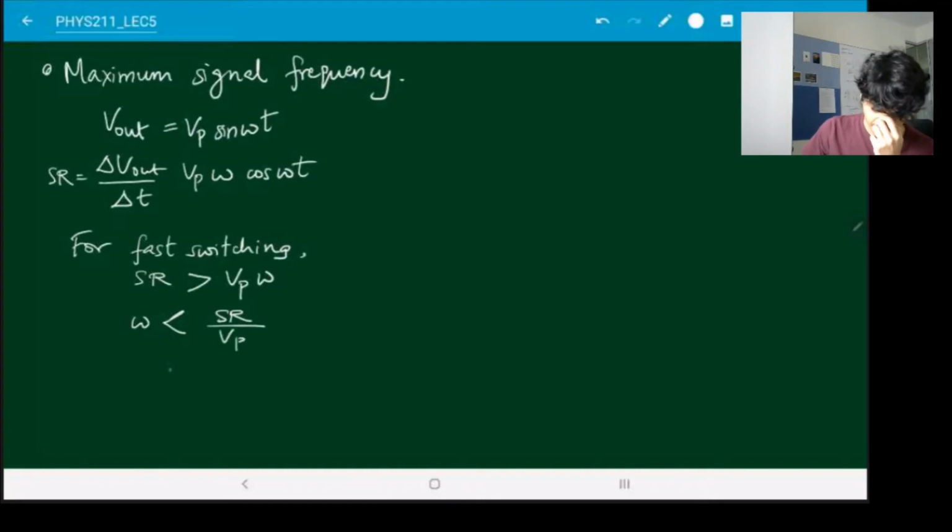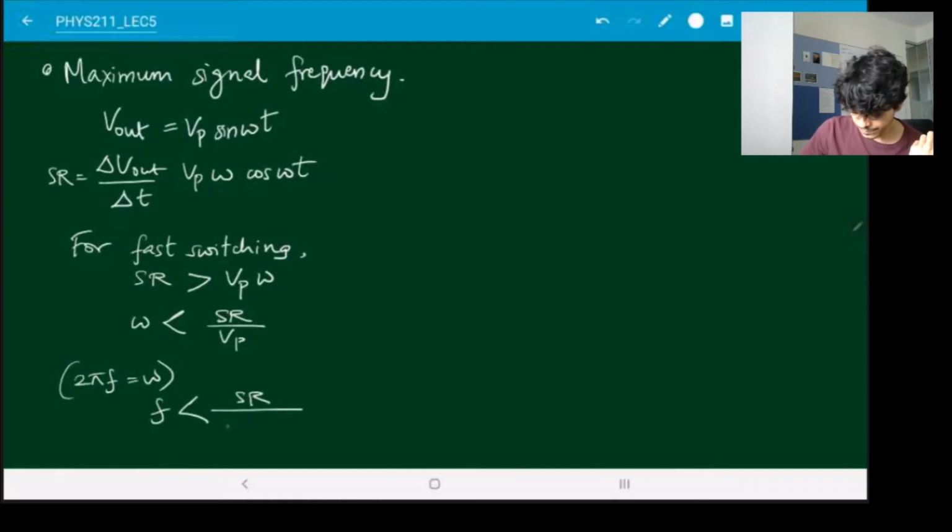Or if you want to write it not in terms of the angular frequency but the actual frequency f, remember that omega is 2 pi f. Then the frequency has to be less than slew rate over 2 pi peak voltage. So this is known as the f max, or the maximum frequency that your op-amp can manage.